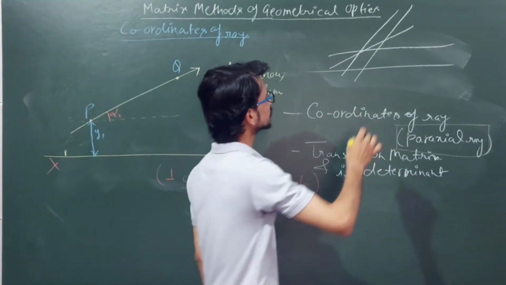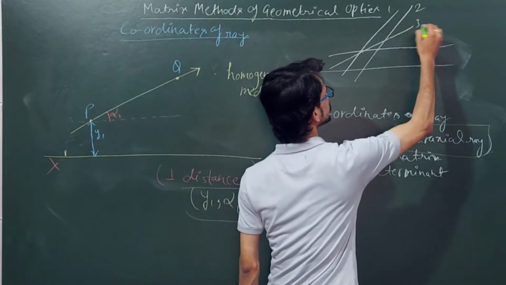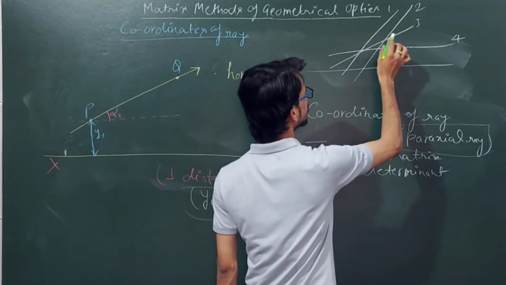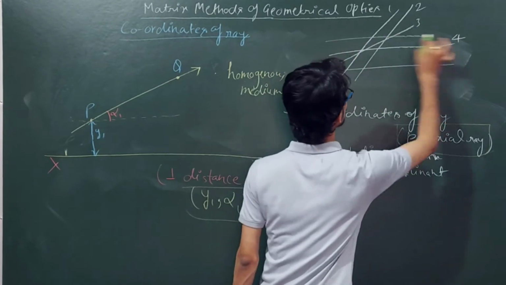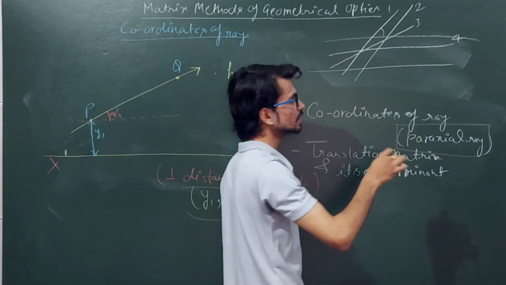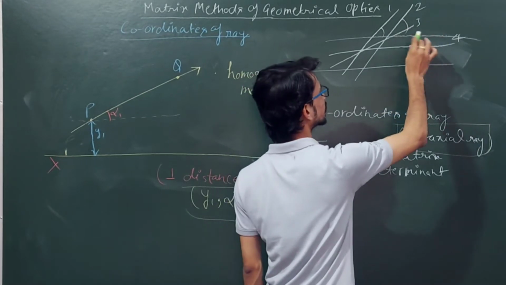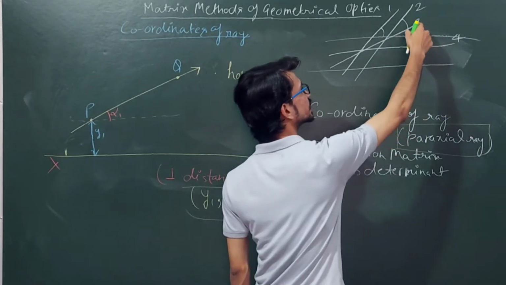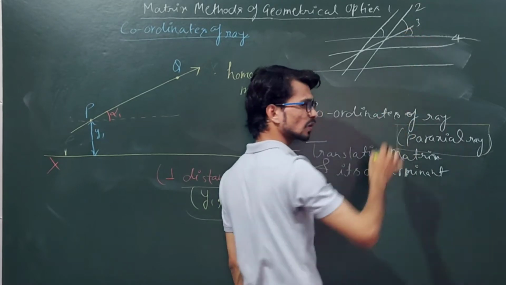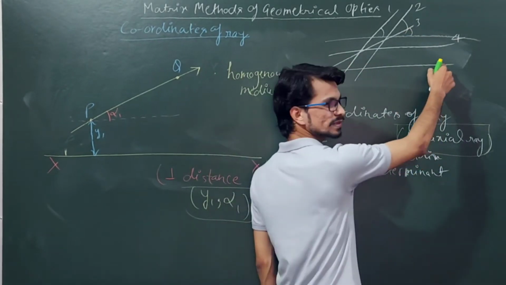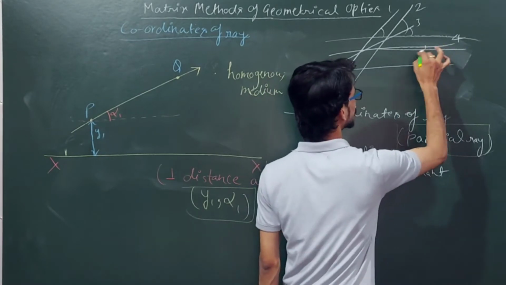Now you can see here, this is one ray, this is second, this is third, this is fourth. Now ray 1 makes a very large angle with this principal axis. Similarly, the angle made by this ray 2 is also a large angle. Similarly, the angle made by this ray 3 is also a large angle. What is the angle made by this ray 4 with this principal axis? This is a very minute angle.